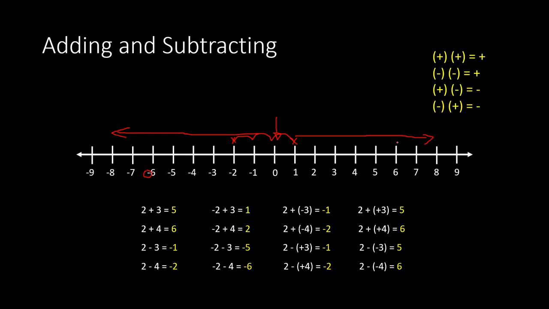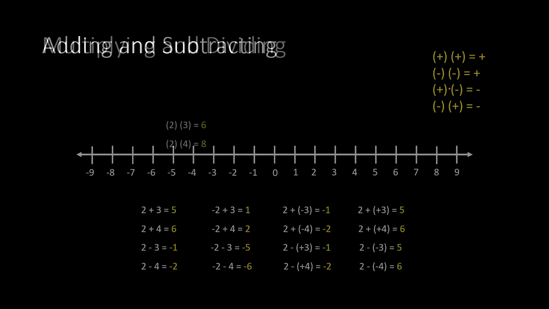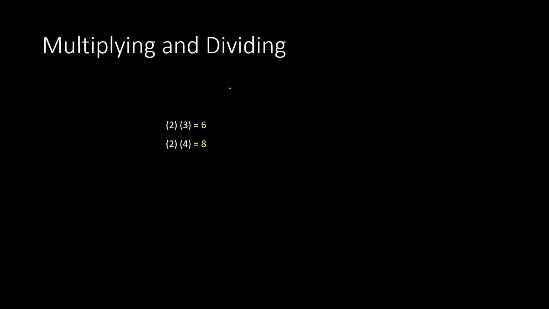Utilizing also the rules of the symbols, which we also learned in the prior lesson, we are going to learn now how to multiply and divide numbers with negative symbols. For example, right here I have a multiplication, and on your GED exam your multiplication may be represented with parentheses.